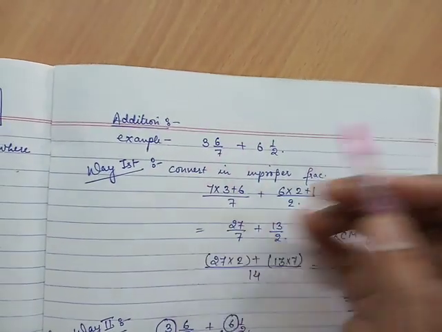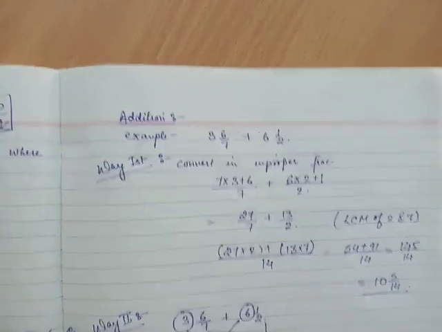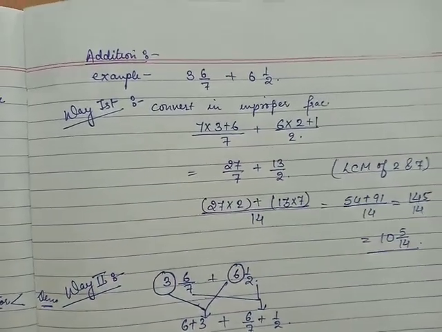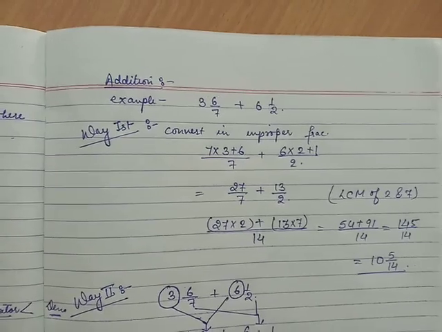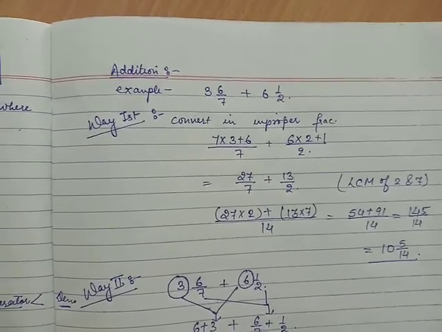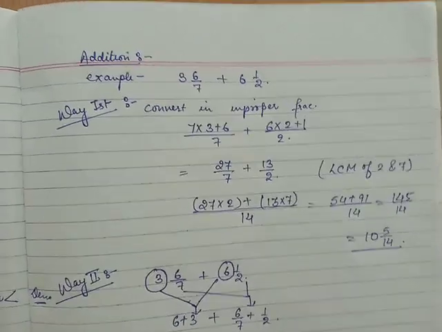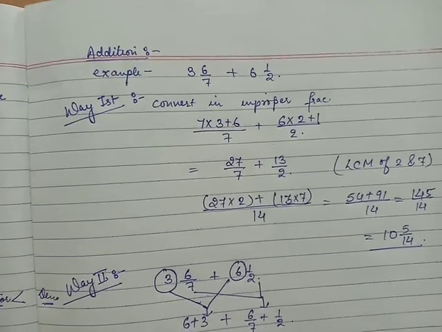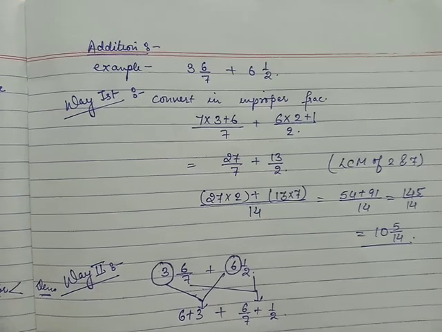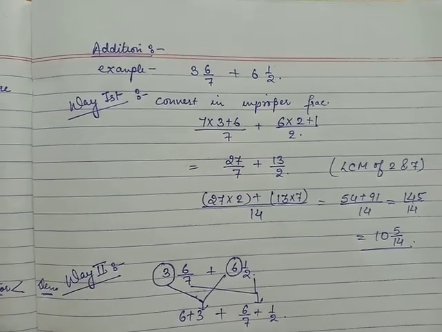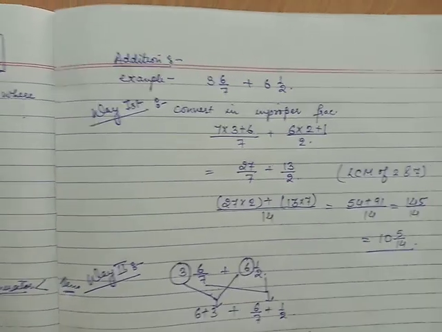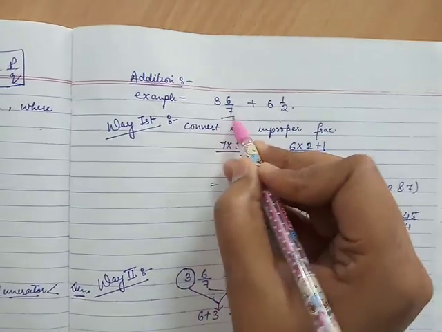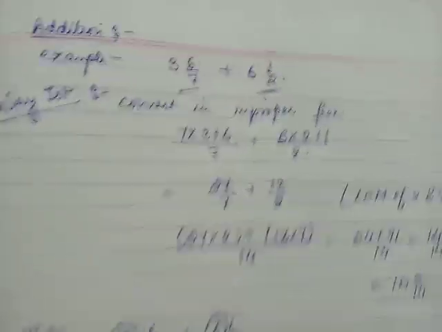Here is the question for addition. We will go through it. Basically, for addition we have 2 ways if our equation is present in the form of mixed fractions. First we will recognize which type of fraction is present in the question.